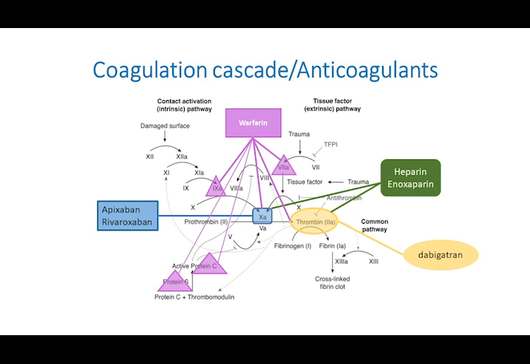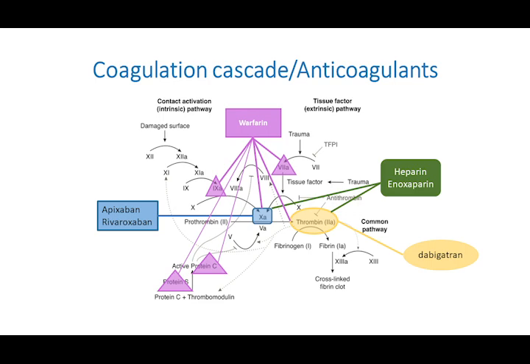The one special thing about proteins C and S is that they are the body's natural anticoagulants. So they do the opposite of creating a clot. And by inhibiting these proteins, warfarin actually increases clotting in the beginning phases.